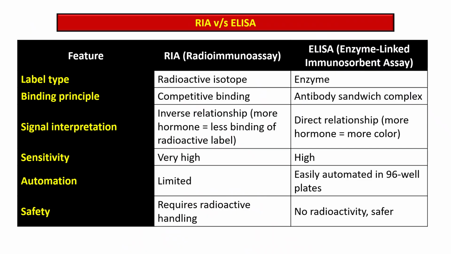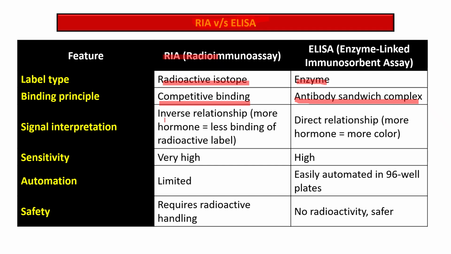Now to compare both the tests, radioimmunoassay and enzyme linked immunosorbent assay, the radioimmunoassay requires radioactive isotopes, while the ELISA requires only enzyme. The binding principle is competitive binding for radioimmunoassay, while an antibody sandwich complex is needed for the ELISA.